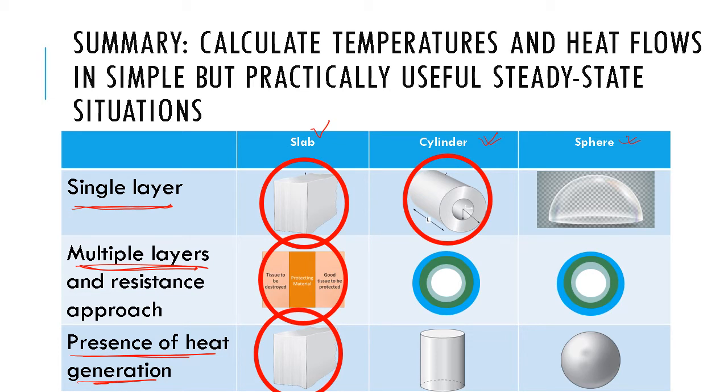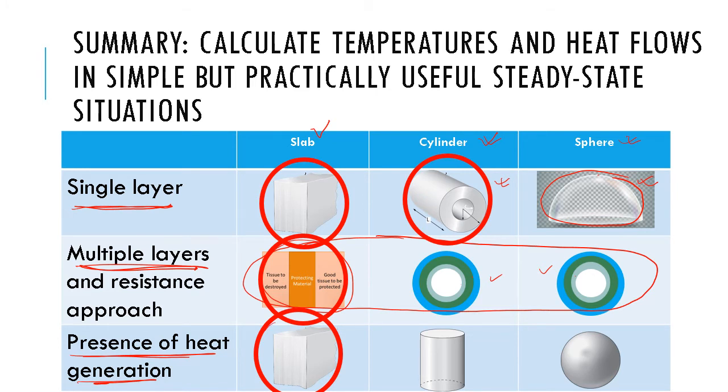So the point is, for multiple layers, even though we did one, I showed that you can do all of these if you simply know the resistances in this case and this case. And for sphere, even though we didn't do it, we should follow the same procedure as we did for the cylinder, but starting with spherical coordinates.